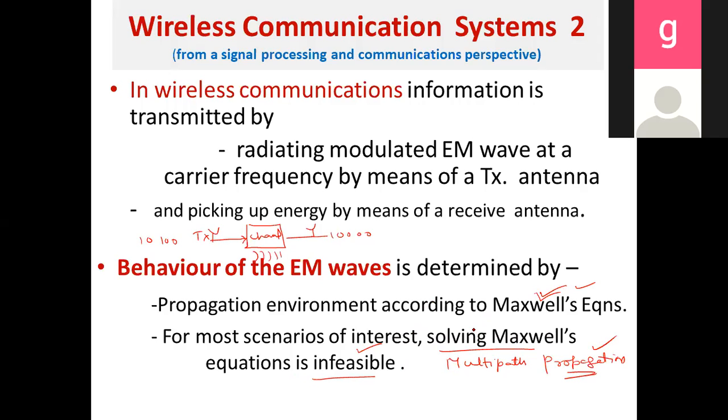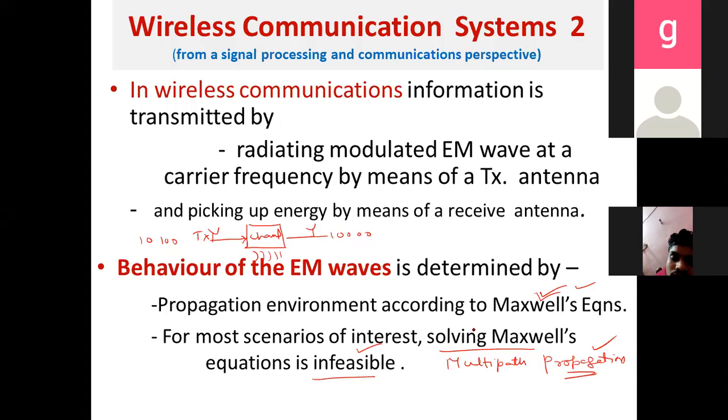I repeat again. The behavior of the electromagnetic waves transmitted at the transmitting antenna and picked up by the receiving antenna at the receiver side can be modeled using Maxwell's equations only in the case of free space wave propagation, where there will be only line of sight propagation involved and no multiple paths.